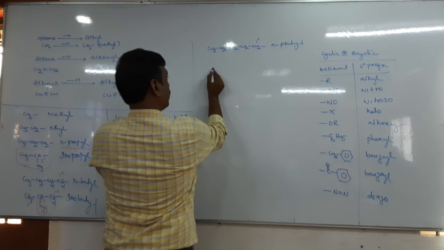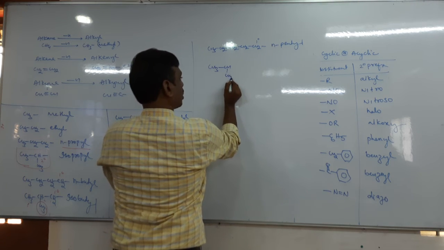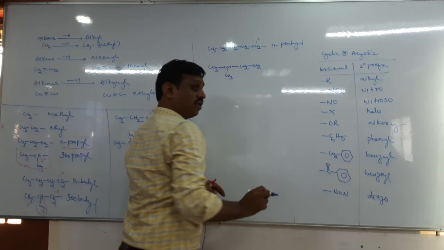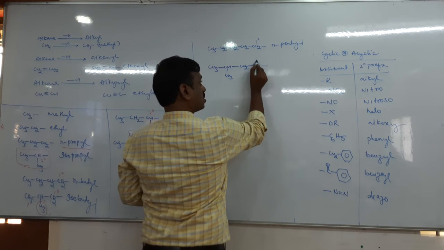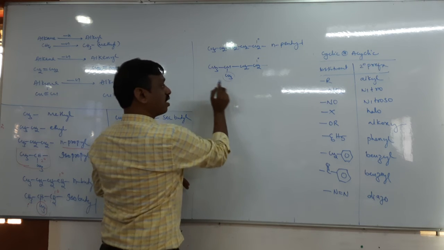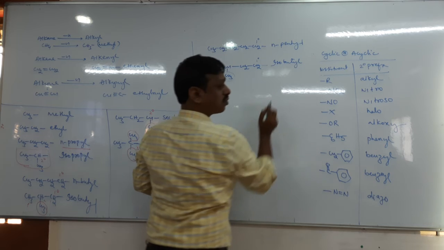Next, if I write one branching on the last to second carbon, tell me, is it iso or not? So you need to identify whether this carbon is a primary carbon. If it is a primary carbon and branching is there, that is iso. Right?